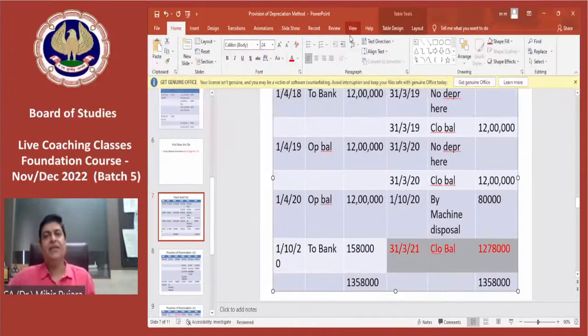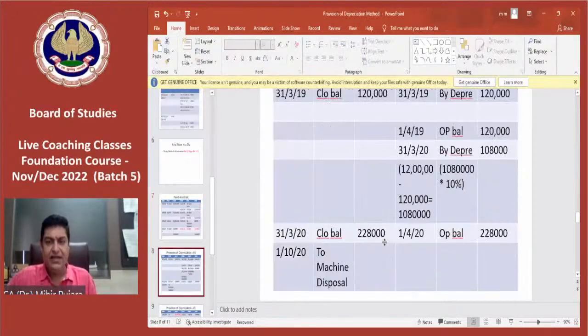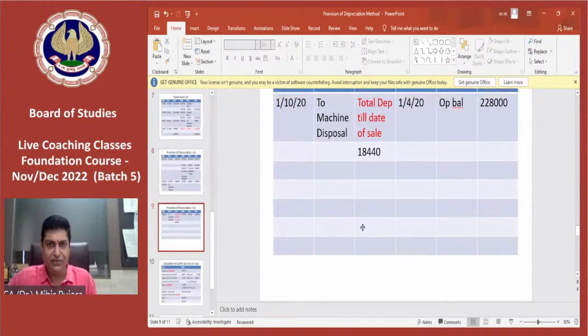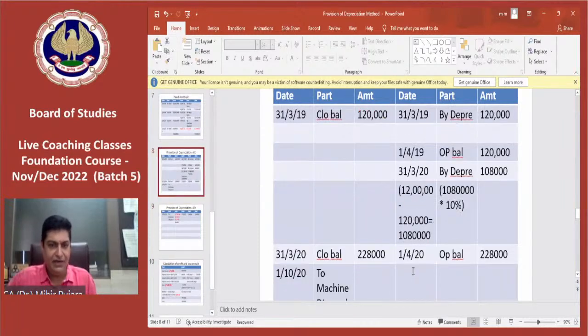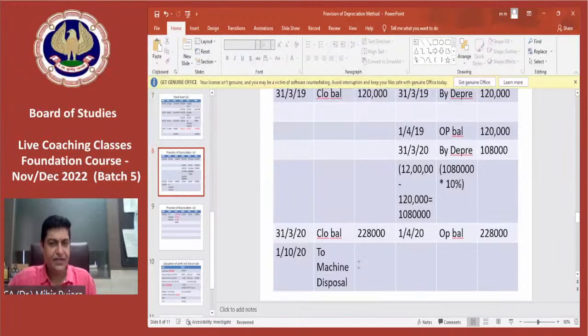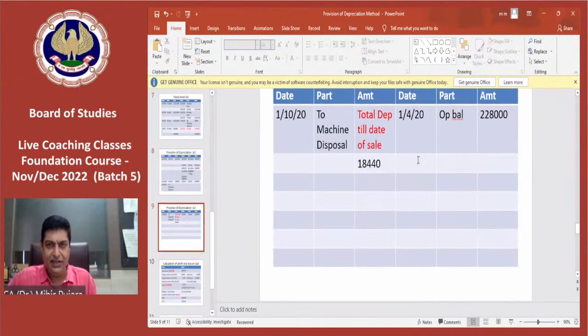Done, guys. And now let's conclude the last and important point of provision of depreciation, how we should close it. Now, friends, see very carefully, guys. Here we reverse the depreciation.